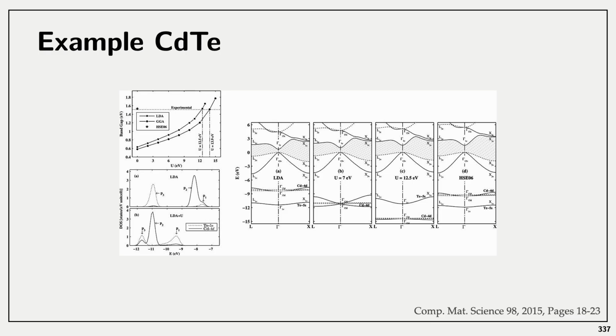The problem is that we can't use HSE for larger systems or heterostructures or systems like this. So you can use LDA, or in fact GGA, because I mentioned you can use a U term on LDA, but you can use a U term on GGA as well.